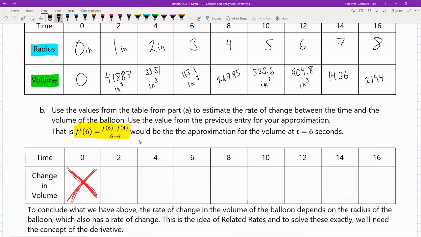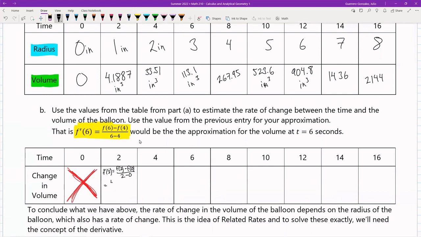Okay, so f prime of 2 is going to be, using our example here, f of 2 minus f of 0 all over 2 minus 0. Now we're going to go up here and look.